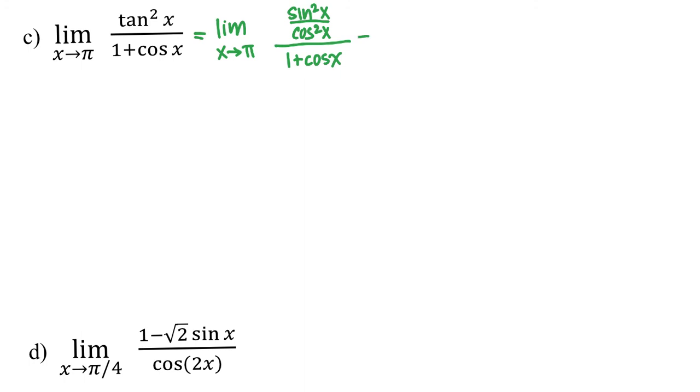Okay, let me rewrite this. I don't like the complex fraction. Okay, so I'm doing sine squared x over cosine squared x divided by 1 plus cosine x, which is multiplying by the reciprocal.